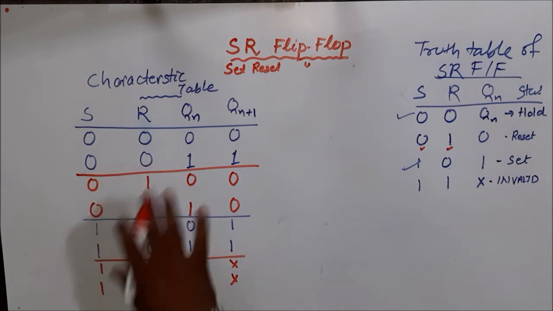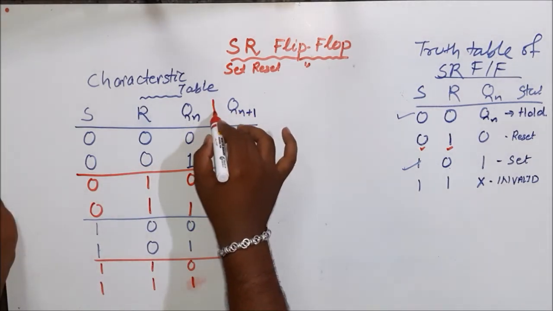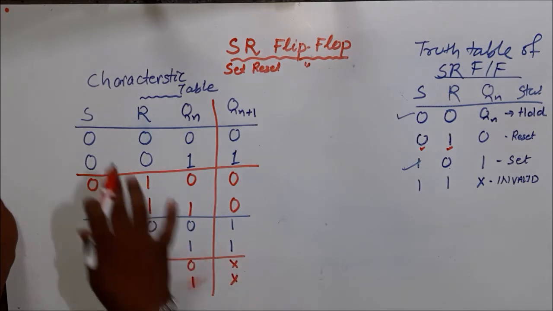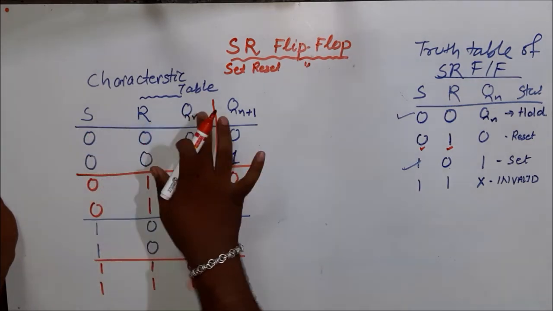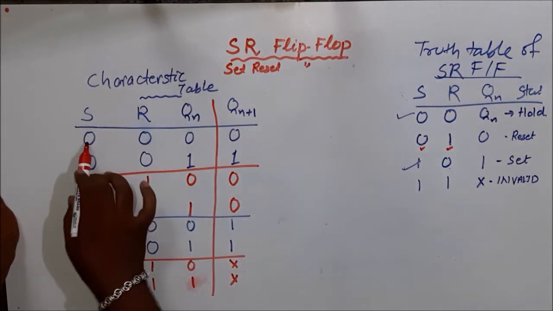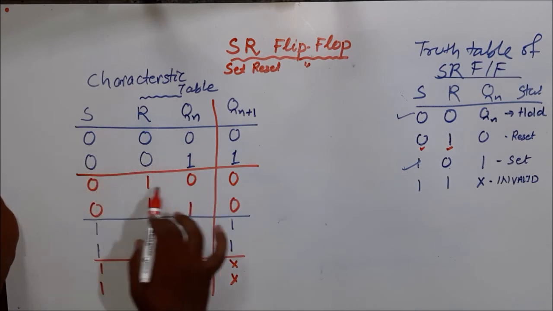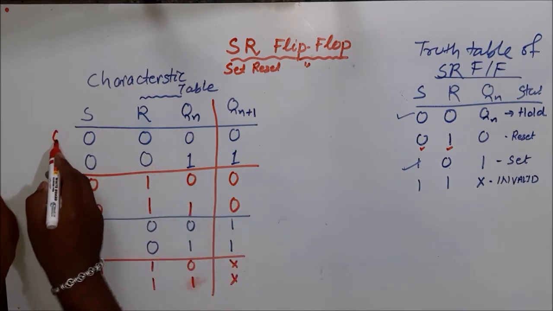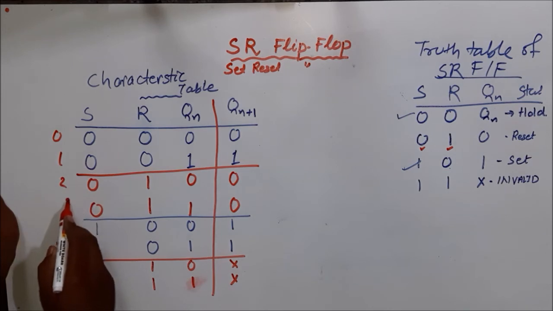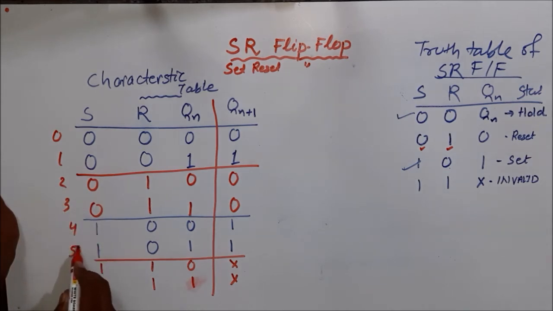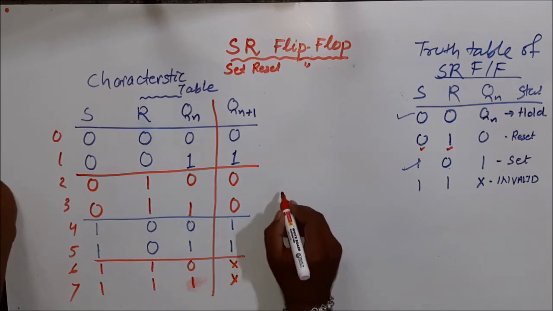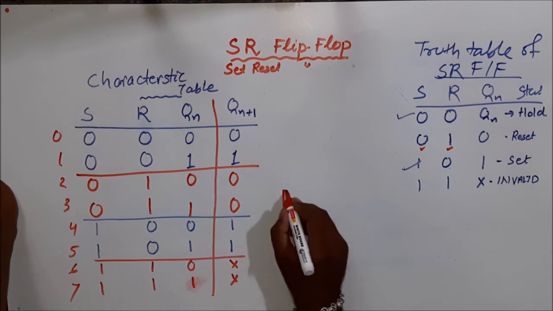Okay. So this is the characteristic table. If you take these three variables, S one variable, R another variable, Qn another variable, we can say 0, 0, 0, 0, 0, 1, 0, 1, 0. It's like decimal 0, 1, 2, 3, 4, 5, 6, 7. If you try to design the K-map, we get a K-map of three variables.